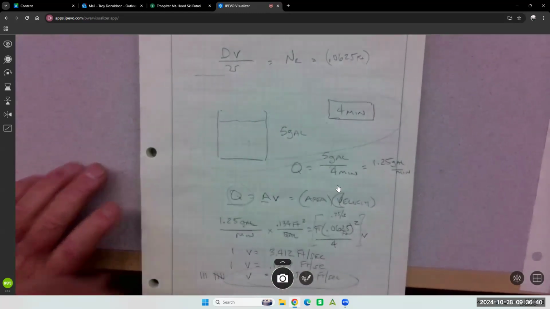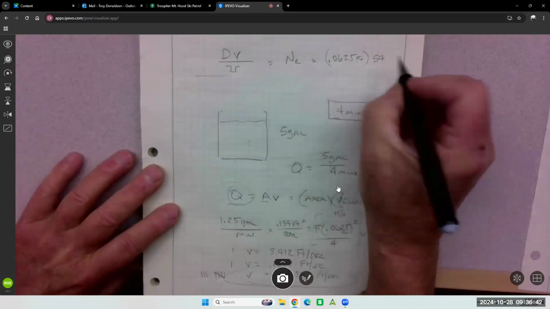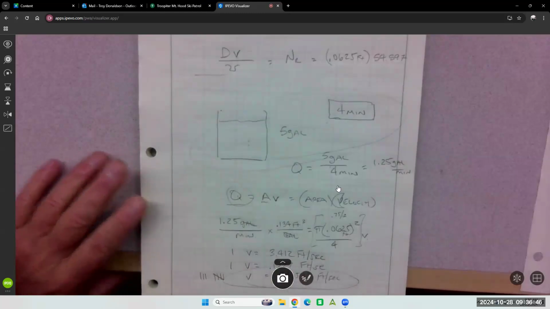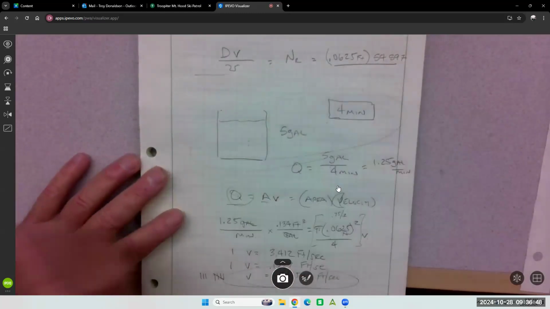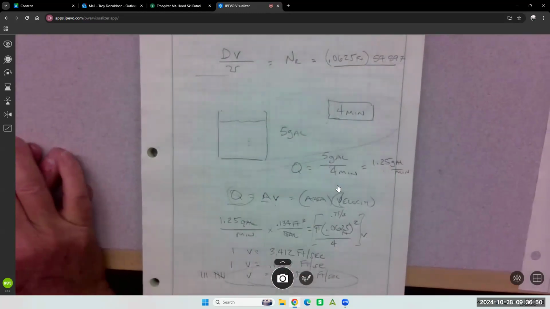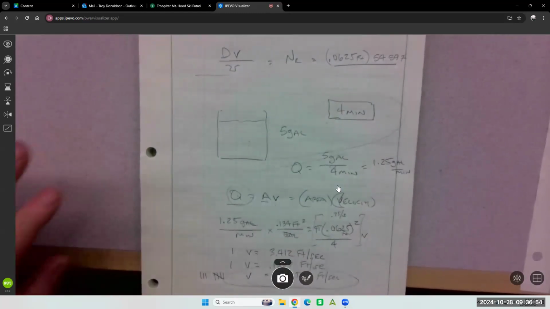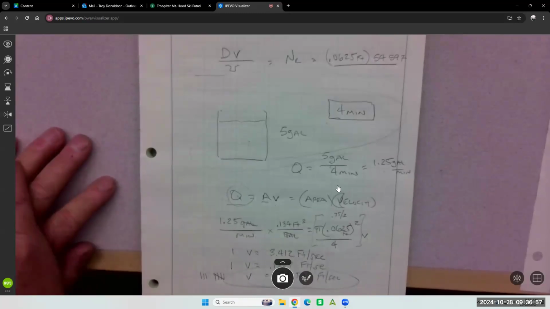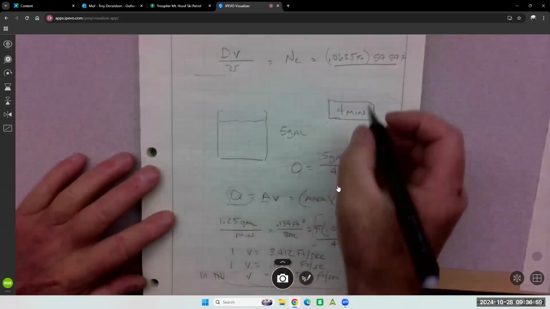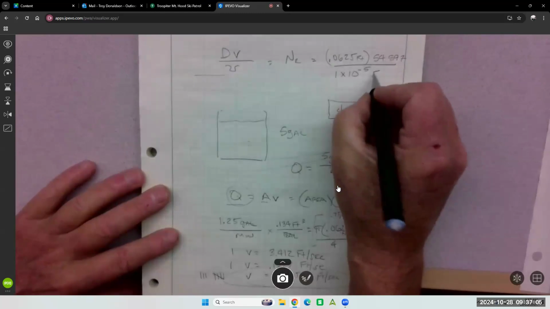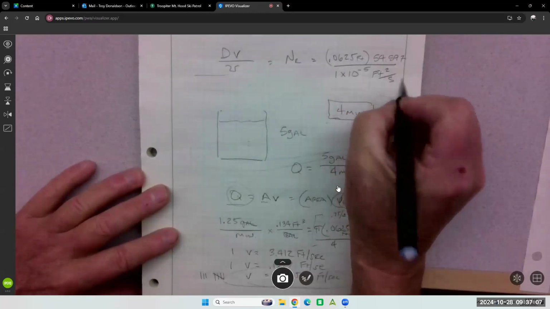And now we know our velocity is 54.597. And then we need the viscosity of the fluid. What kind of fluid do we have? Water. You remember what the viscosity is? 1 times 10 to the negative 5. And the units are feet squared per second.